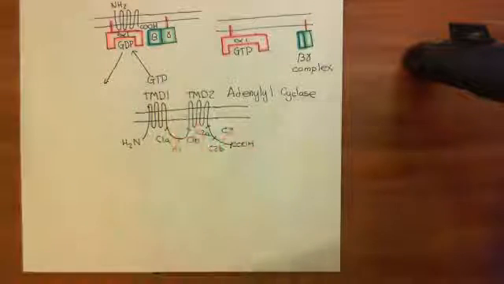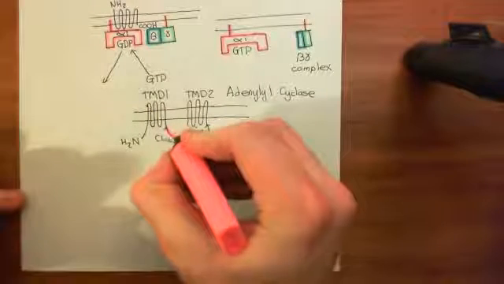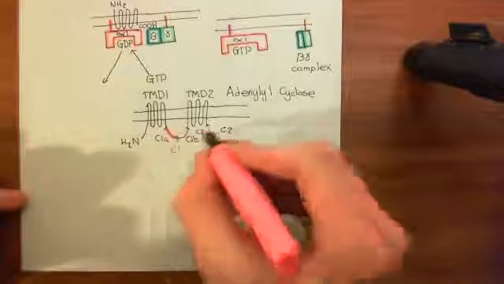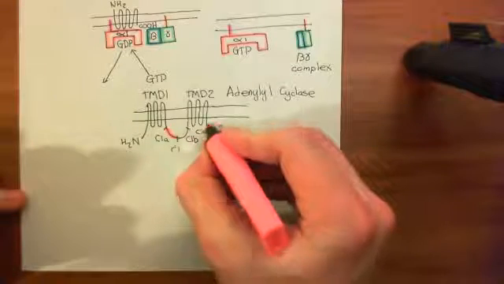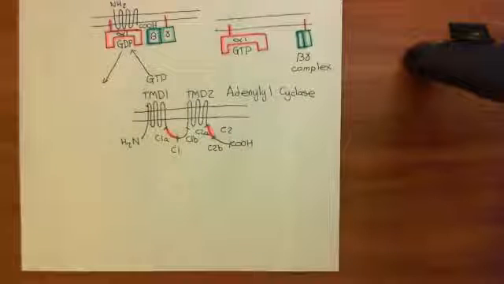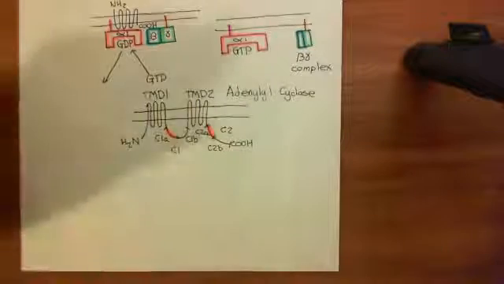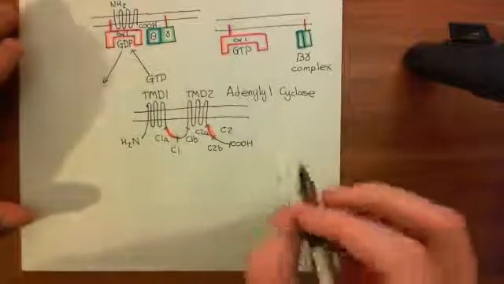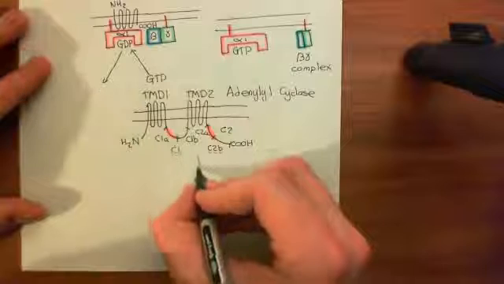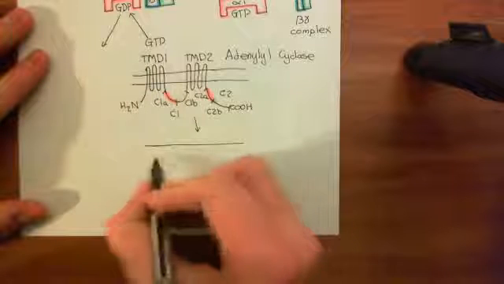This is an inactive enzyme. To become active, you need the C1a domain and the C2a domain to dimerize, to join together and assemble to make an active enzyme which can then catalyze the cyclase reaction. So to activate the adenylyl cyclase enzyme, C1a has to dimerize with C2a.